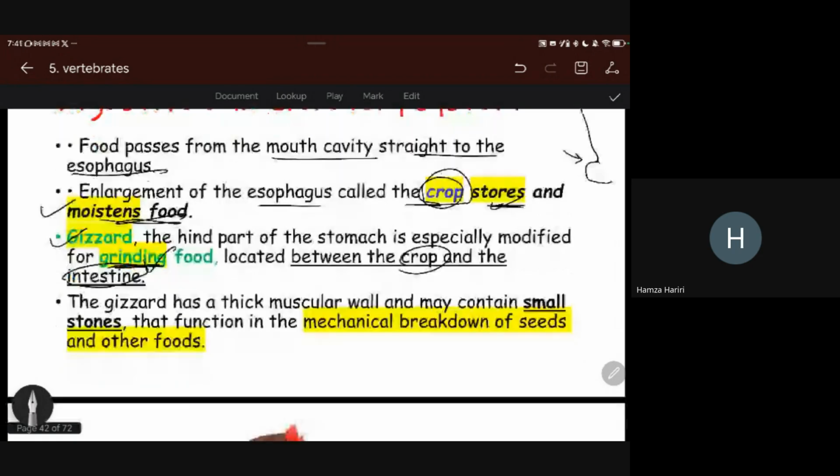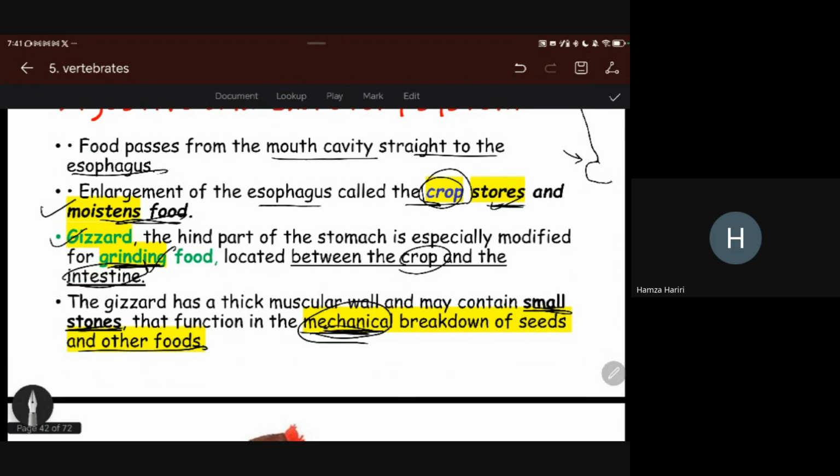The gizzard has a thick muscular wall and may contain small stones that function in the mechanical breakdown of seeds and other food. Mechanical breakdown means breaking down food using force and not using chemicals or enzymes. We only use force. What helps us here?